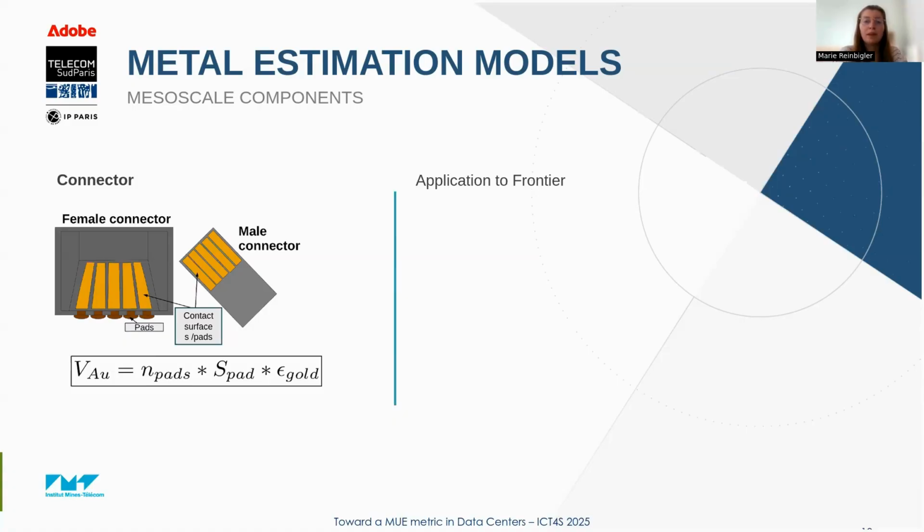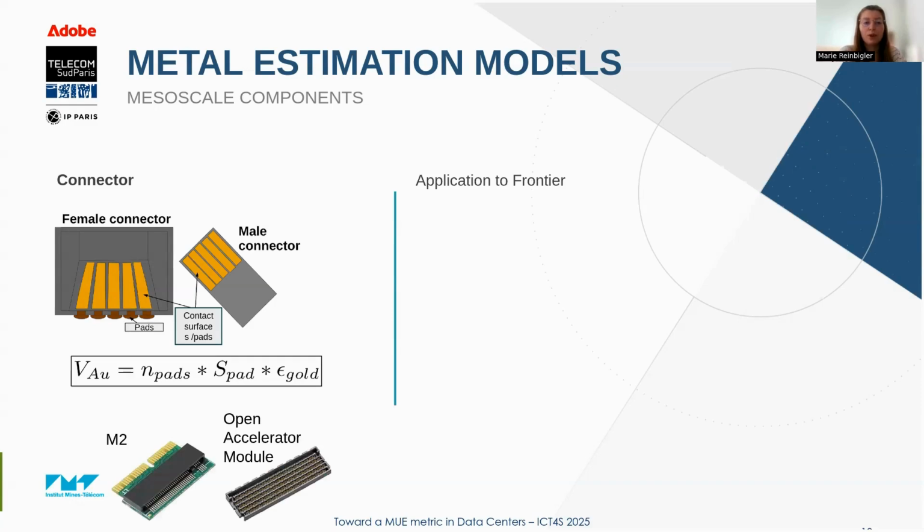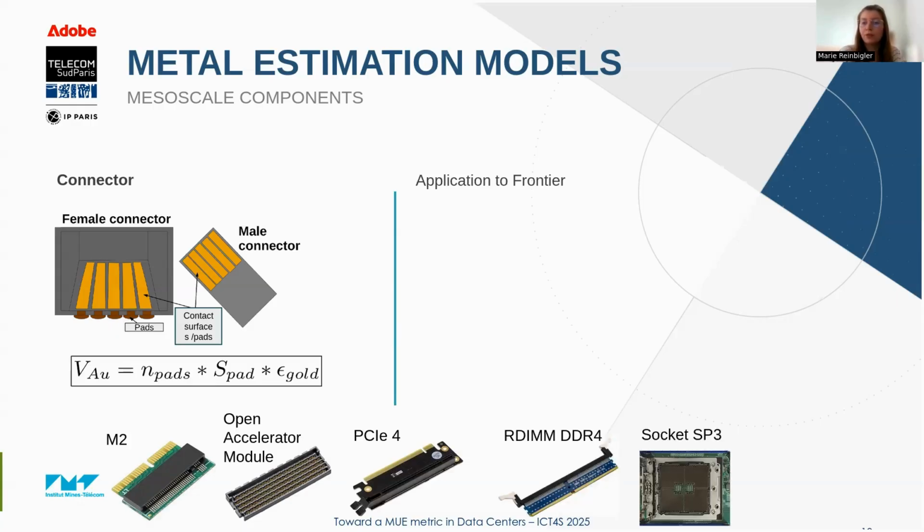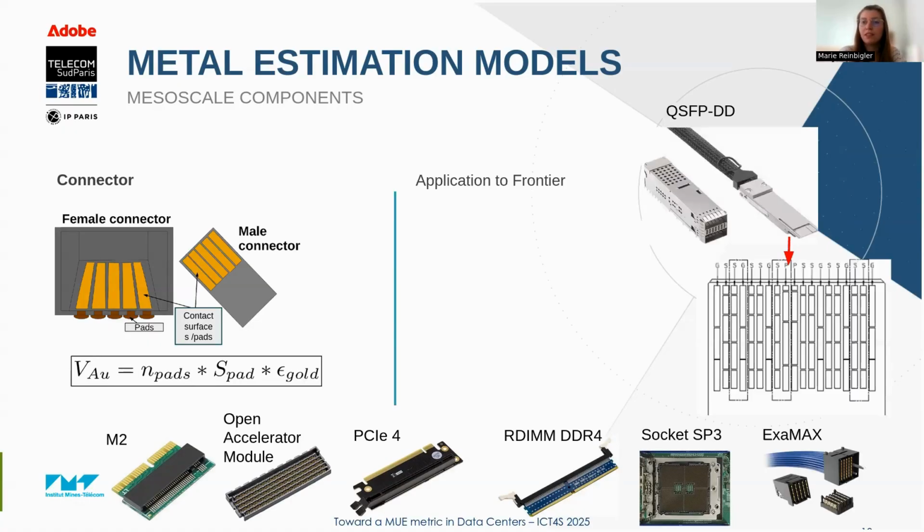And so if we want to apply it to the FranceA supercomputer, what we can see is that there is actually a large diversity of connectors. We have M.2 connectors, the Open Accelerator Module for GPUs, the PCI Express 4, the RDIMM DDR4, the socket SP3 for the CPU, and the Examax and QSFP-DD connectors for the network.